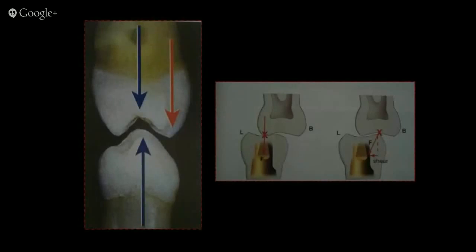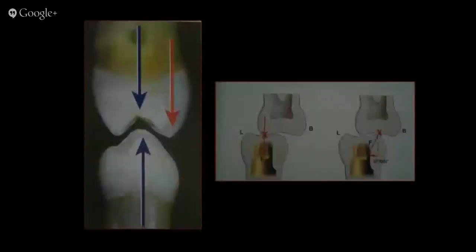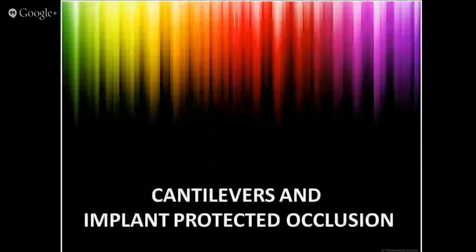So the three important concepts we have to understand are that we need flattening of the central fossa to a greater extent, rounding off of the cuspal tips and the cuspal inclines, and more importantly, making sure that the marginal ridges are not contacted in lateral excursion.